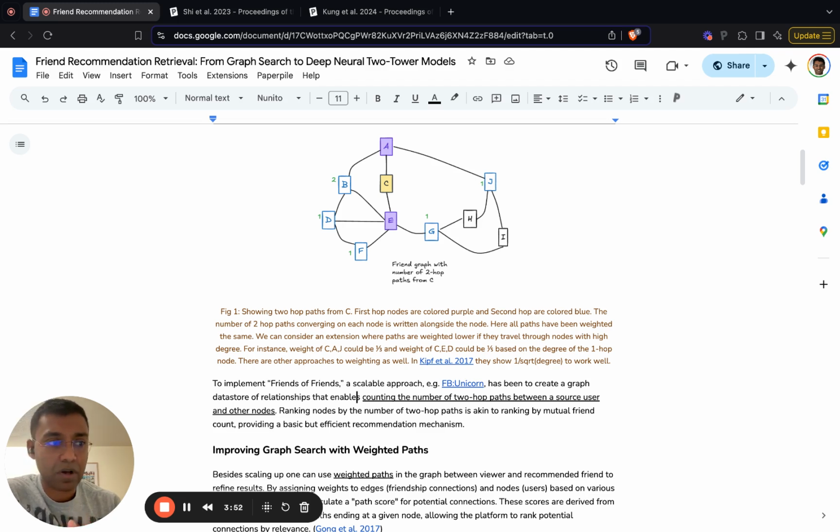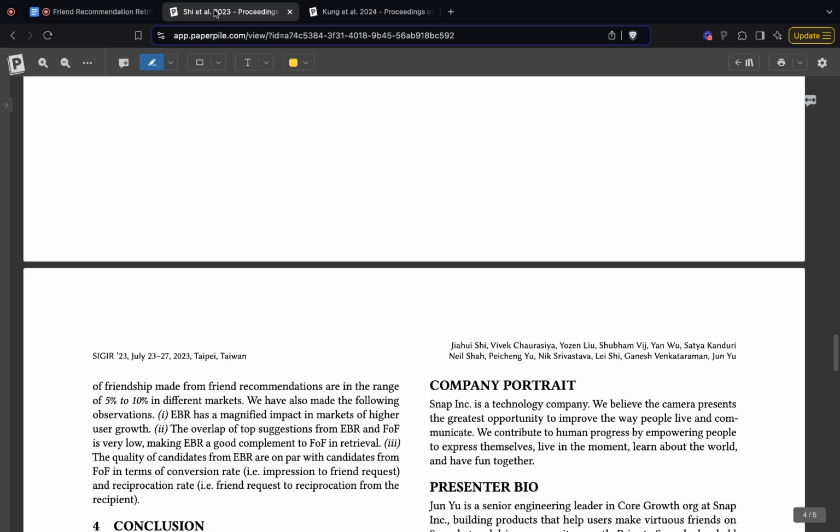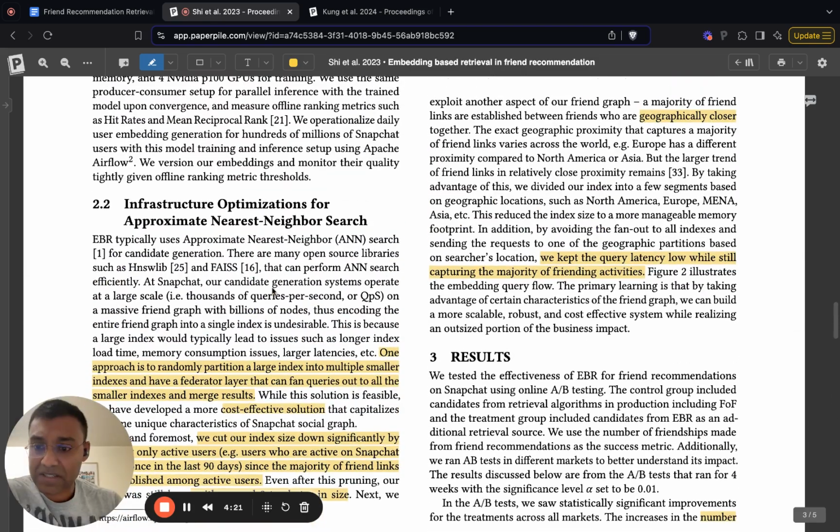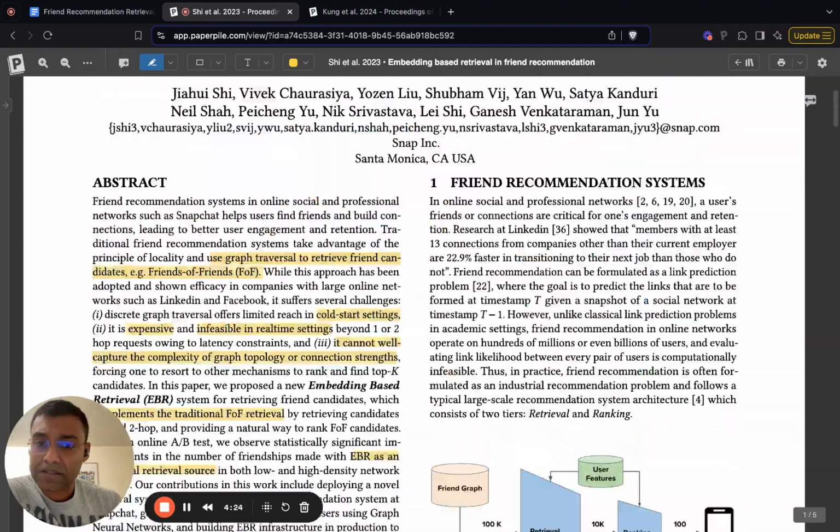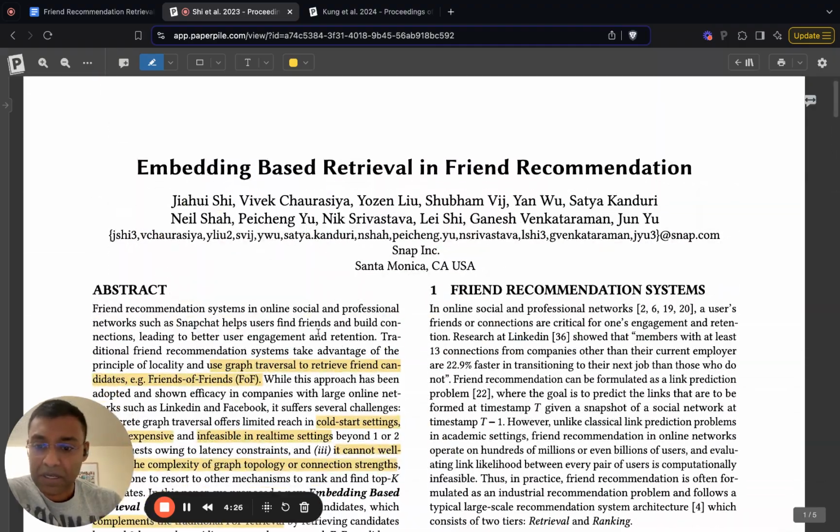In this video, we'll focus more on the quality and less on the scalability, which is a huge and interesting topic by itself. Okay, so the quality of the recommendation. Now, one definition of success when you're doing this, I'm going to borrow from one of the papers I'll refer to, Snap's paper on embedding based retrieval.